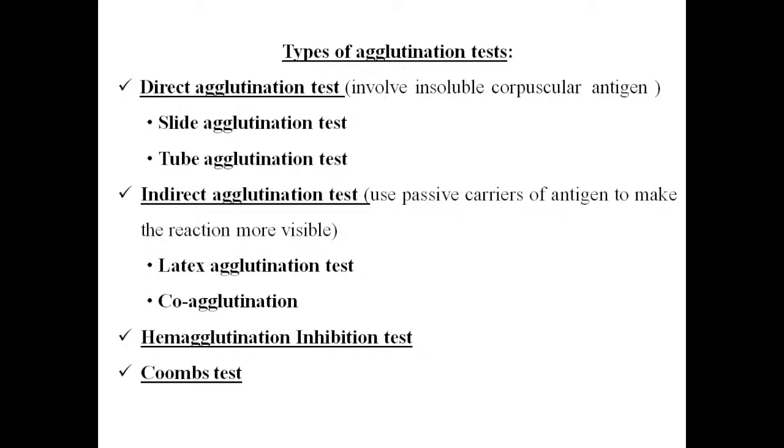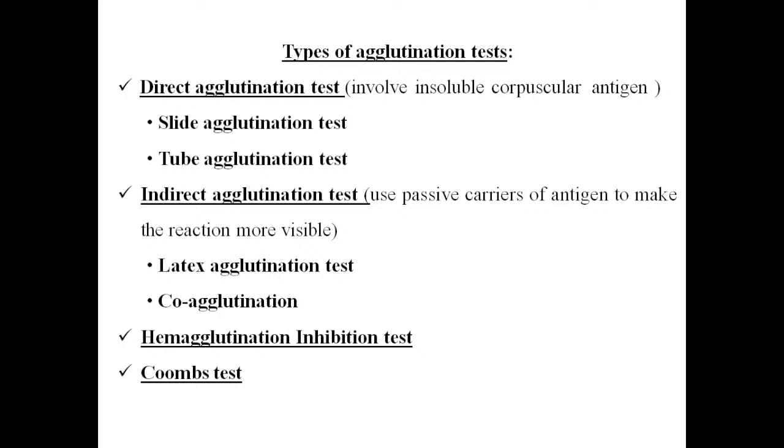There are some types of agglutination test. It's direct agglutination test that involves insoluble corpuscular antigen. It's slide agglutination test and tube agglutination test. Direct agglutination test is used mostly for the detection of bacteria, for their serotyping, for example. Indirect agglutination test uses passive carriers of antigen to make the reaction more visible.